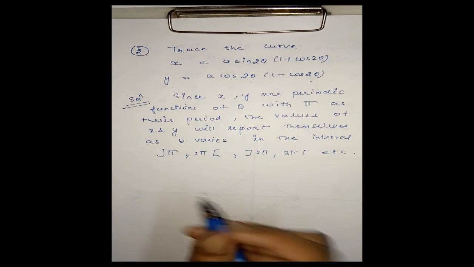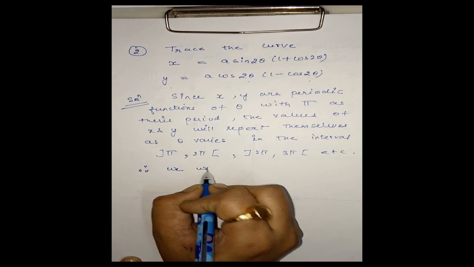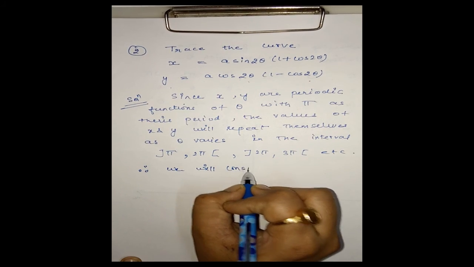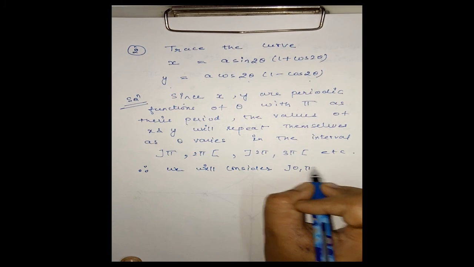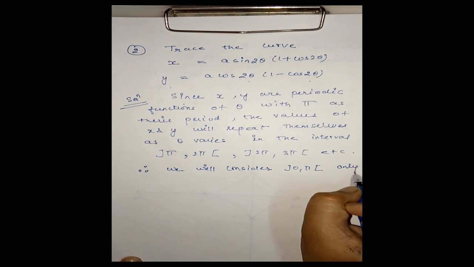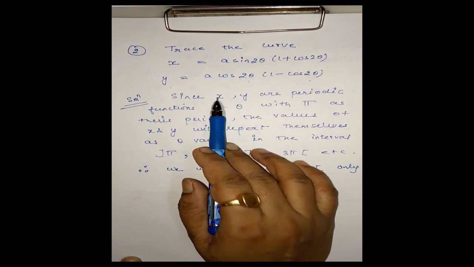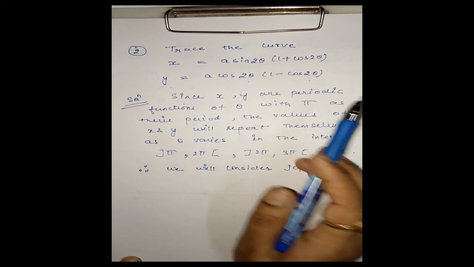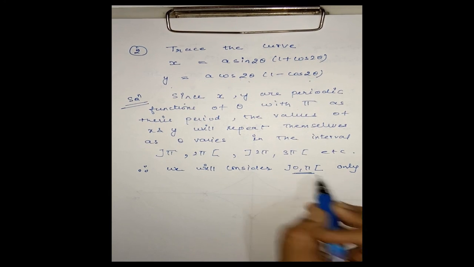Same way, therefore we will consider the interval 0 to pi only. Since values are repeating, it is a periodic function of theta. That means we will consider this interval only, 0 to pi.